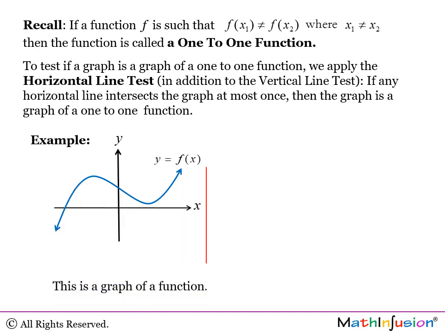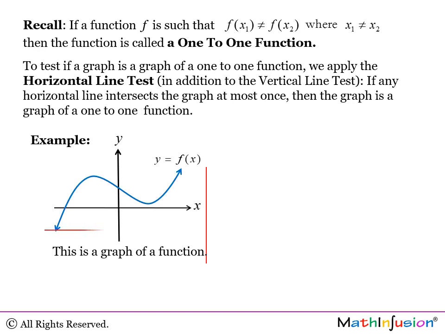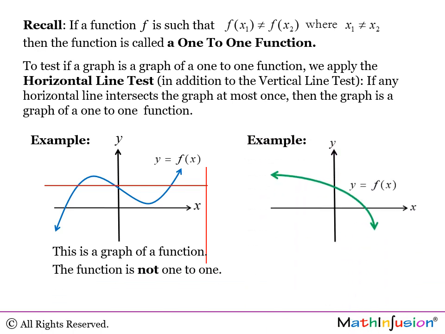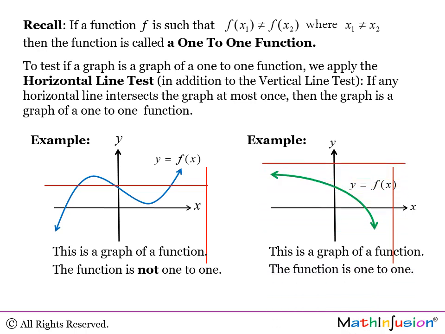It is a function, but when we apply the horizontal line test, we figure out that this function is not one-to-one. This is a graph of a function, and this function is one-to-one.